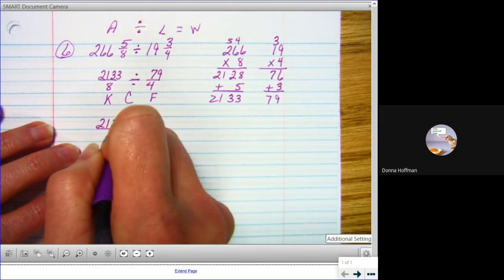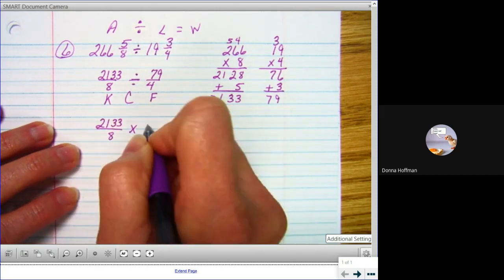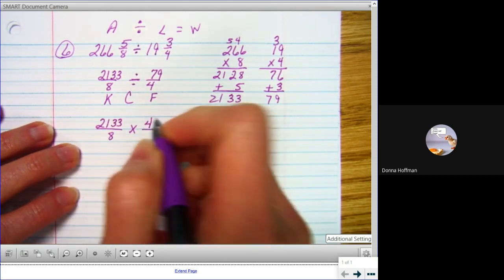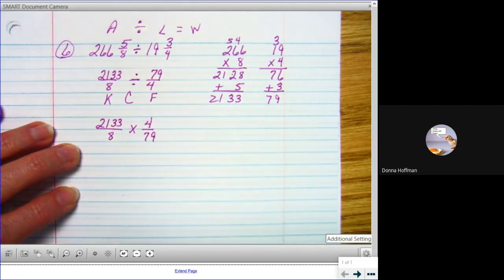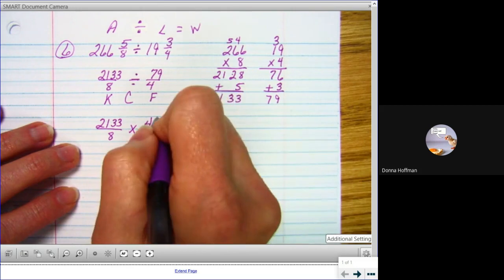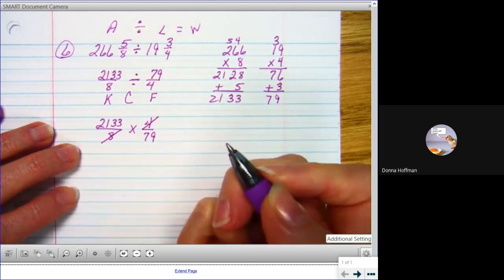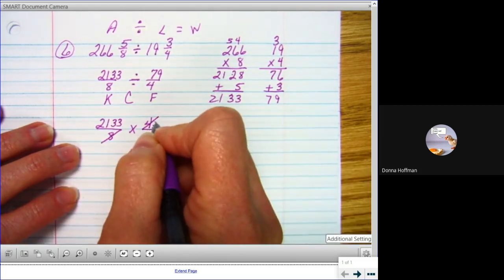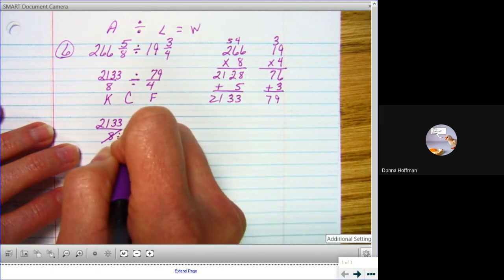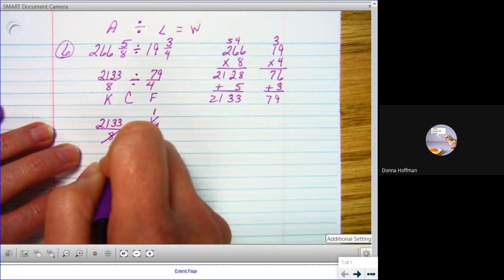Keep the first term, change to multiplication, flip the second term, which is my divisor. Look for cross reduction. I'm going to divide both of those by 4. That becomes a 1. That becomes a 2.